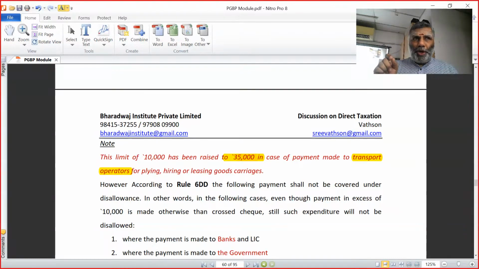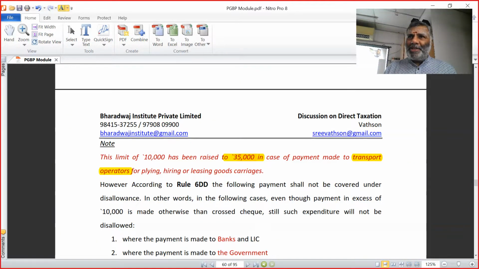Since we are going to study the TDS provisions later, at the fag end of the direct taxation arena, one thing I want the class to note down somewhere in your notebook or in the material itself, is about this resident transport operator. They come under 194C.